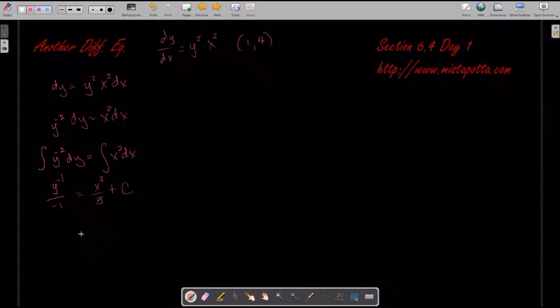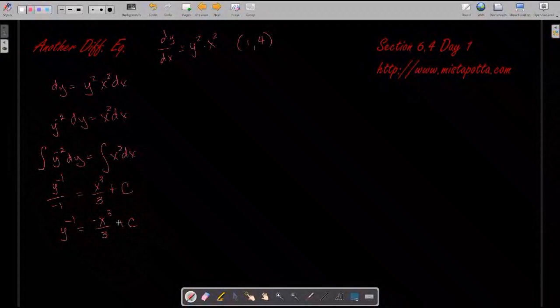Step 4 is I need to get y by itself, if I want to actually write this as a function instead of just a relation. So first thing I'm going to do is multiply both sides by -1. So y to the -1 power equals negative x cubed over 3 plus a constant.